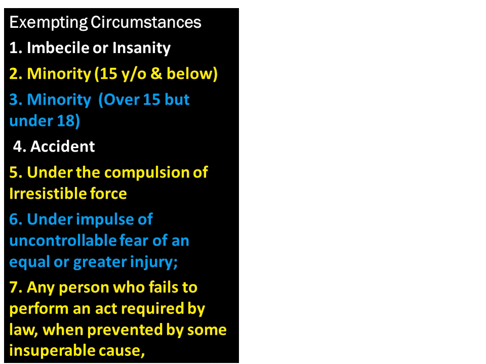Okay? Now, let's go to the concept of accident. Accident, as we said, is one of the exempting circumstances, for the reason that when there is an accident, the person is exempted from criminal and he may also be exempted from civil liability, provided that it must be a pure accident.